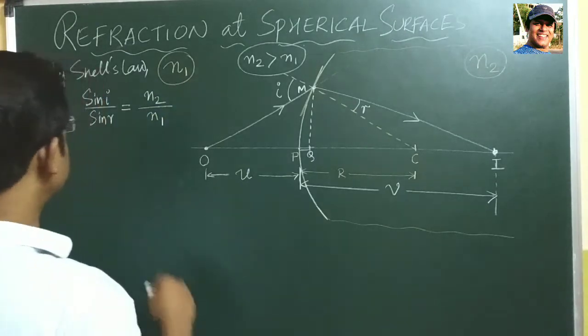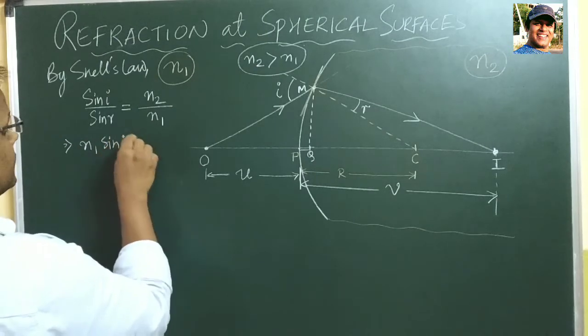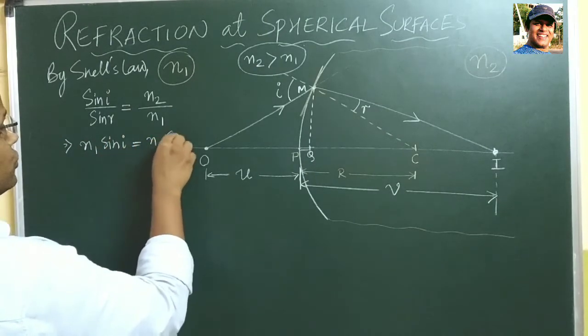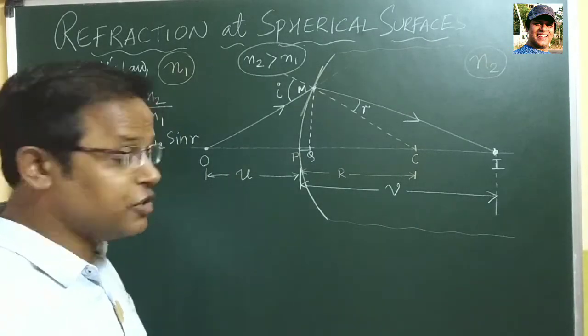Alright? So we can also cross multiply and check it out. N1 sine I should be equal to N2 sine R. My dear, now comes a very important approximation.